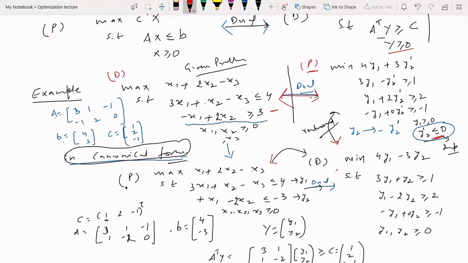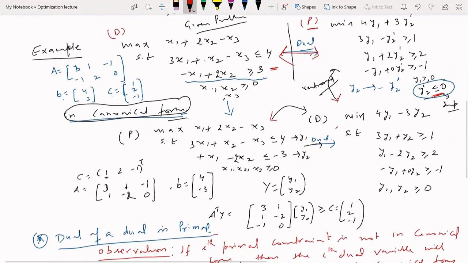So overall what I'm going to see is, if in the given primal problem my variable violates the canonical form, second variable here, it is violating the canonical form, so in my dual problem, my second constraint will violate the canonical form. So I have a second observation here.